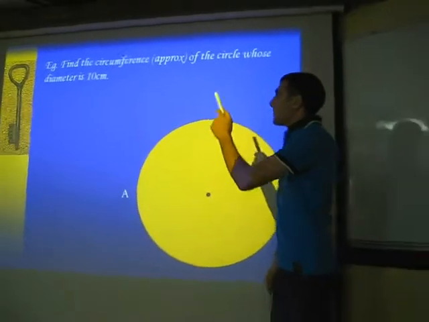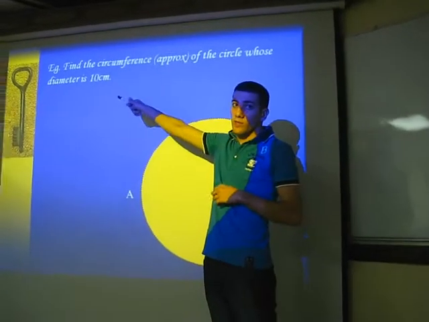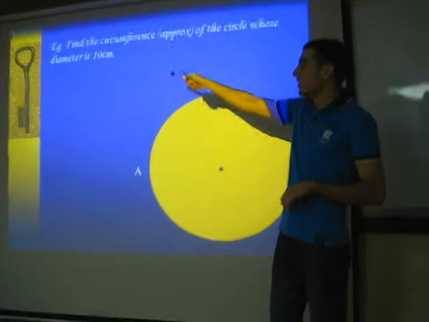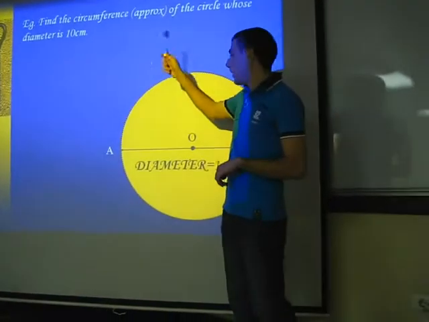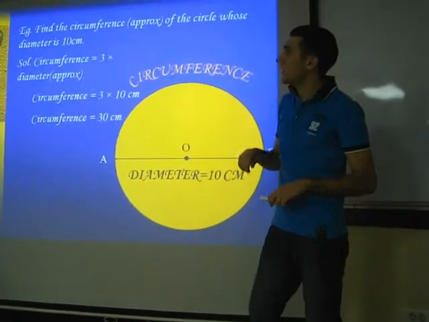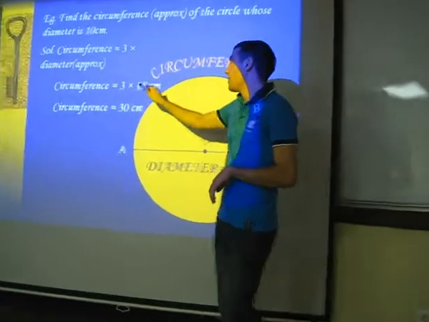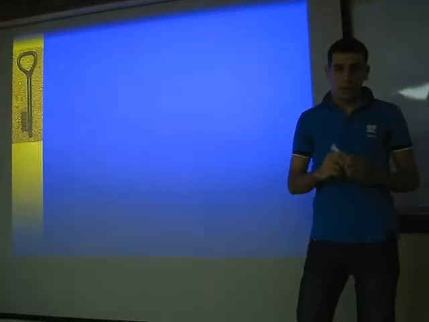Very good. 3 times the length of the diameter, which is 10 centimeters. Then circumference equals 3 times 10, equals 30 centimeters.